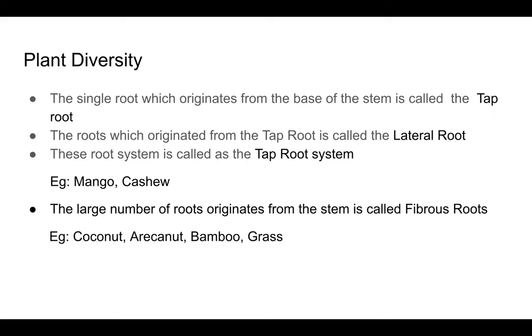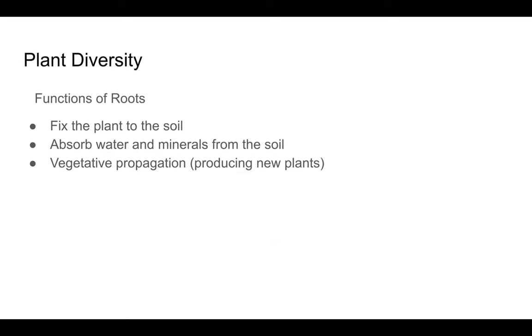The other root system has a large number of roots and no taproot. A large number of roots originating from the stem is called the fibrous root system. What are the examples? Coconut, areca, bamboo, king coconut, grass.